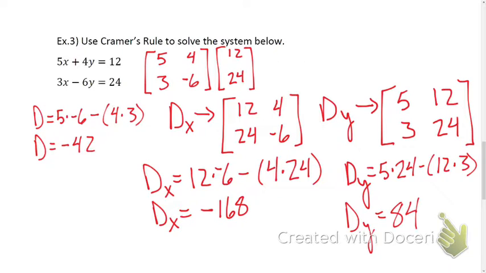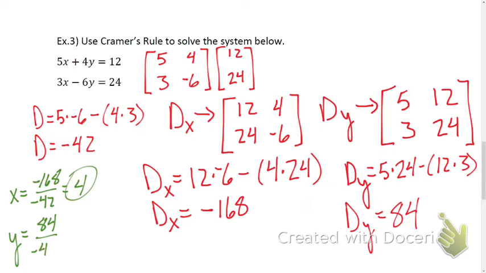All right, very last step. We get 4 for x. And you can already see what y is going to be. And that's it. All right, I'll see y'all later.